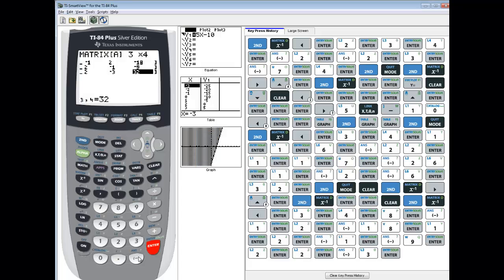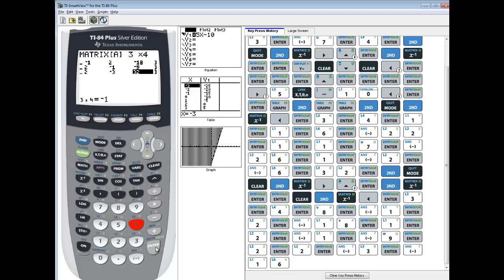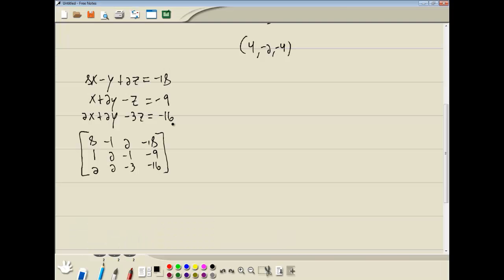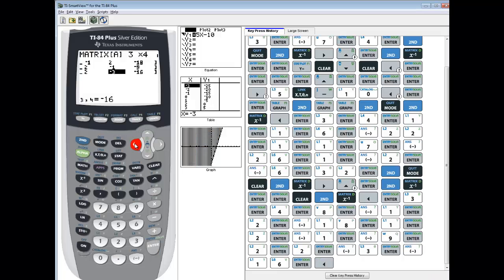This is the hardest part when you're using calculators, actually inputting numbers correctly. So let me go through and double check myself.